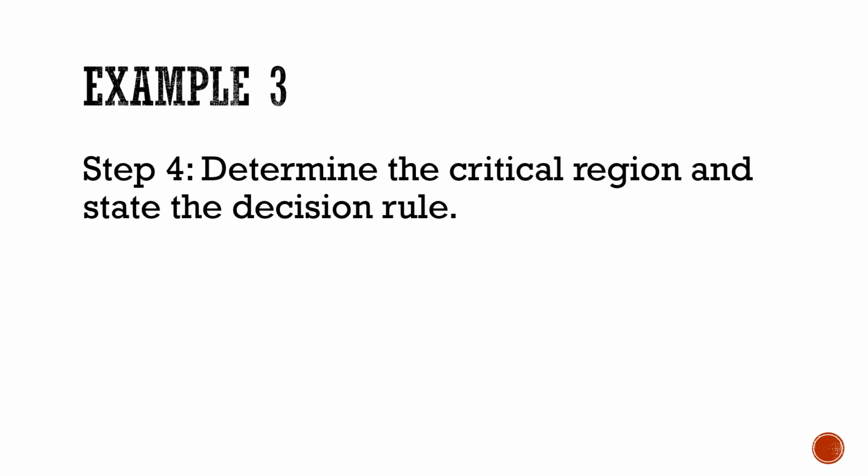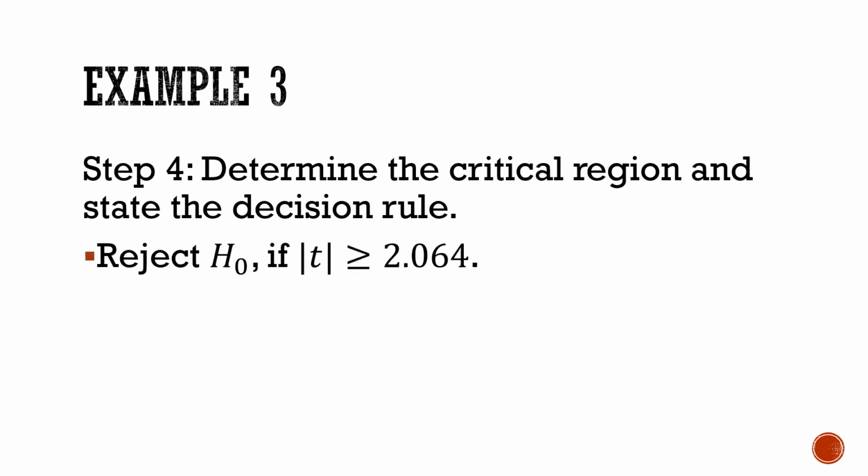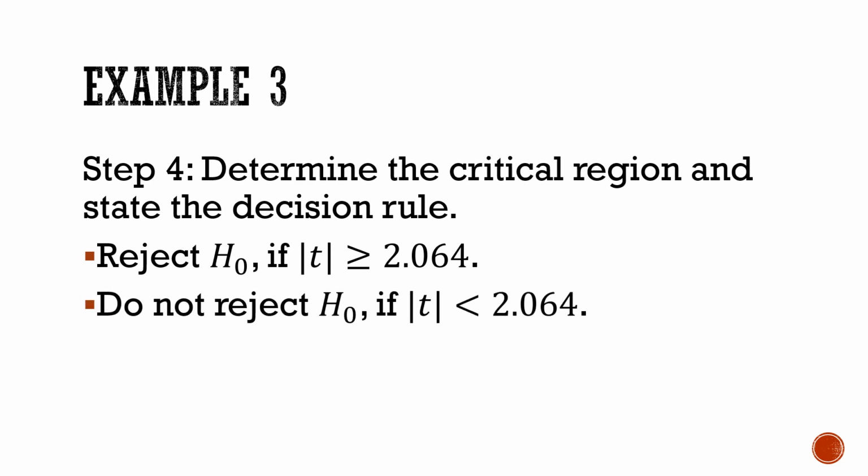Now, determine the critical region and state the decision rule. So we are going to reject the null hypothesis if the absolute value of computed t is greater than or equal to 2.064. And we are not to reject the null hypothesis if the absolute value of computed t is less than 2.064.